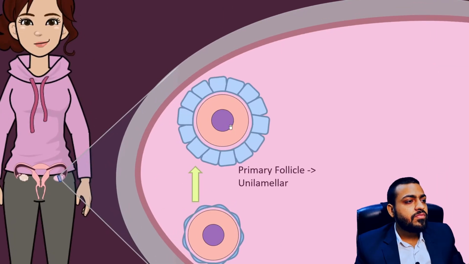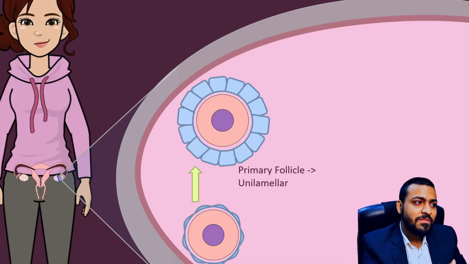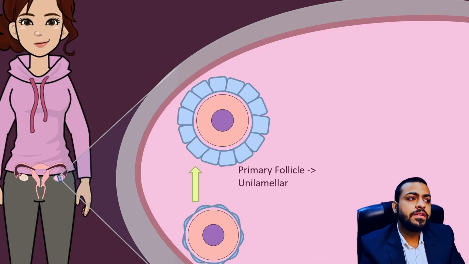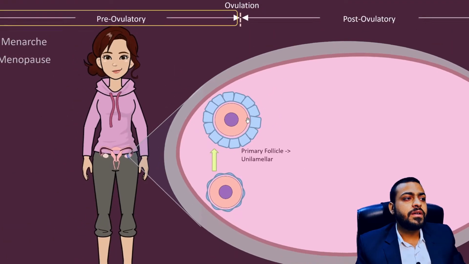Now at this point, this follicle does not have any receptor to mate with its mate. What is the mate of this follicle? Of course, the sperm. So a special glycoprotein coat is formed between the follicular cells and the oocyte, and this glycoprotein coat harbors species-specific sperm receptors.